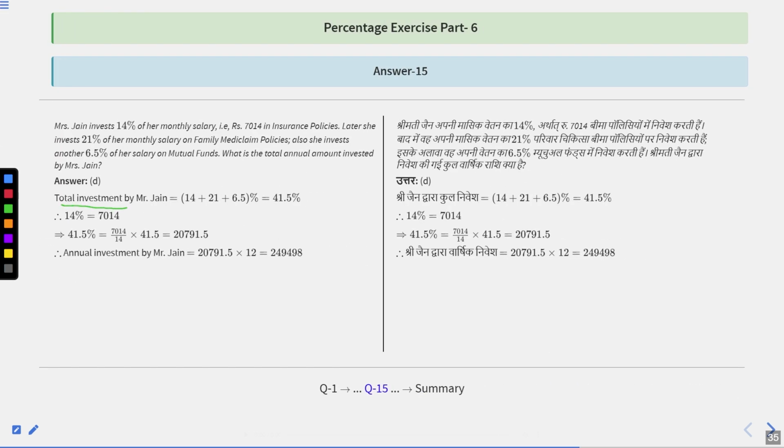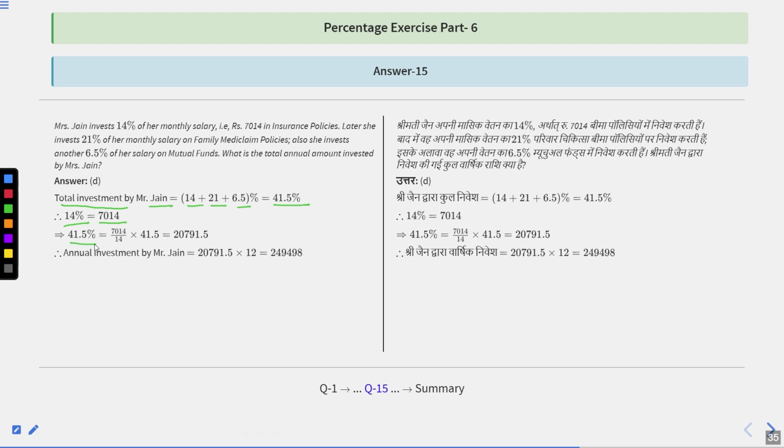Total investment by Mrs. Jan will be 14 plus 21 plus 6.5, which is 41.5%, and in this question it is given that 14% is equal to 7,014. Clear?